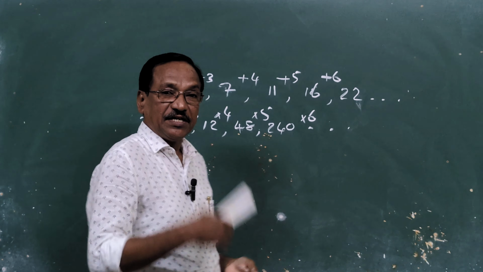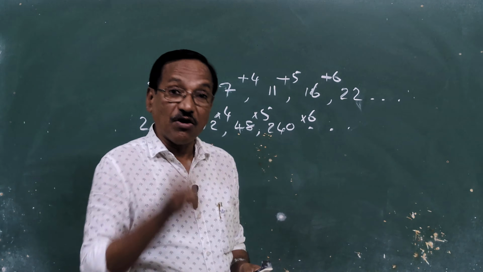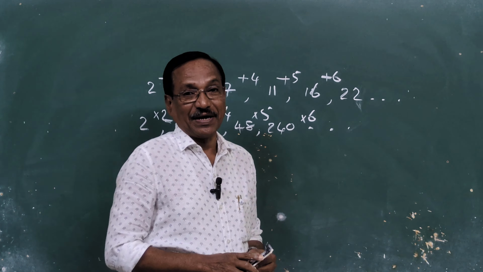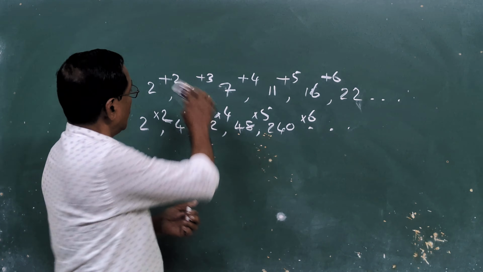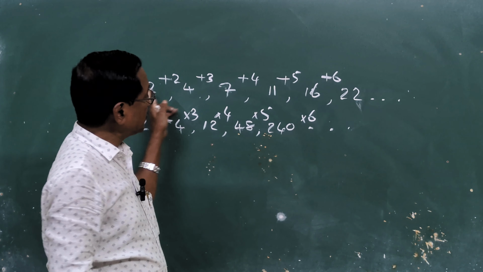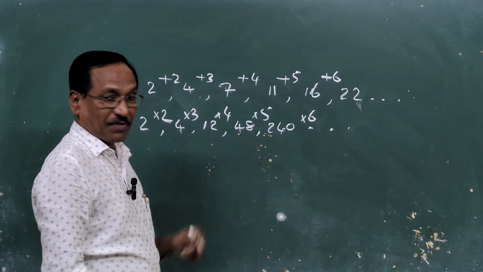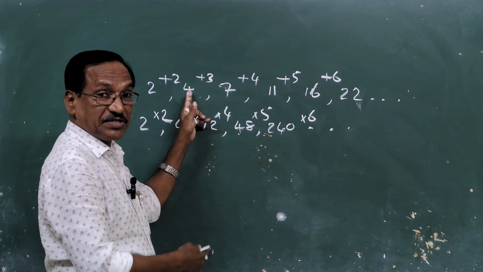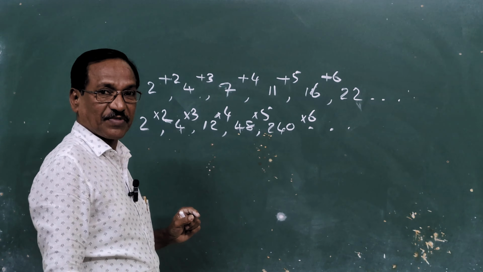So to find the missing number of the sequence, or to find the wrong number in the sequence, first of all, we have to identify the pattern. To identify the pattern, as we know, the first one is the addition pattern and the second one is the multiplication pattern. In the first pattern, the numbers are increasing only at a slow pace.